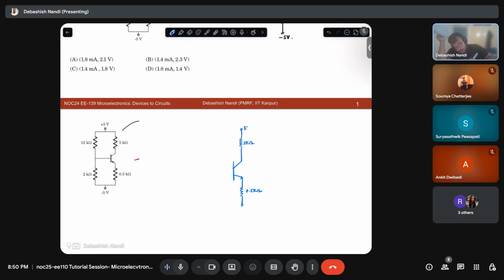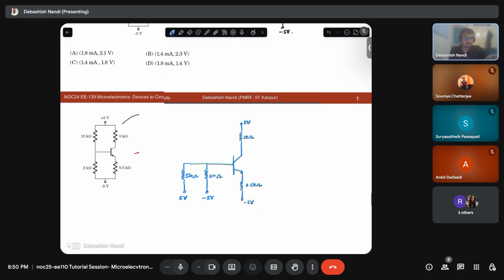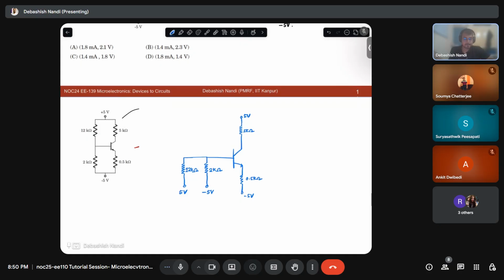This is 5 volt. This is minus 5 volt, and here I have one resistance, here I have another resistance. So this is minus 5 volt, 2 kilo ohms, and this is 12 kilo ohms, 5 volt. Is this okay? Is this the same thing?